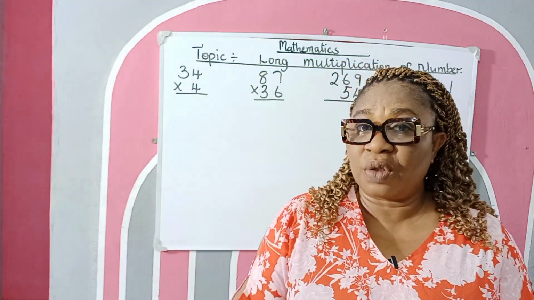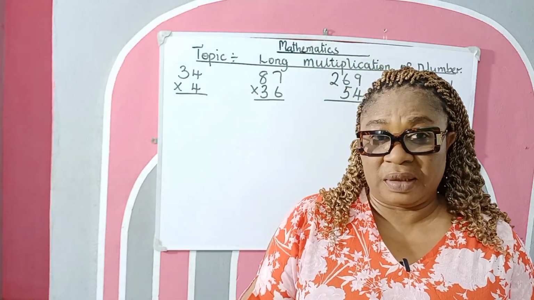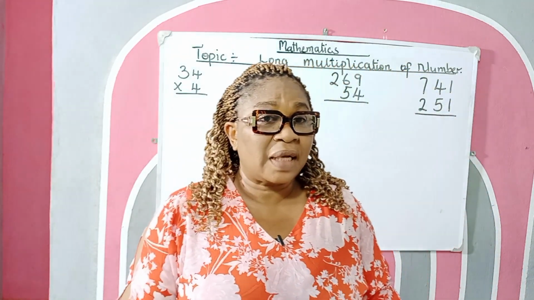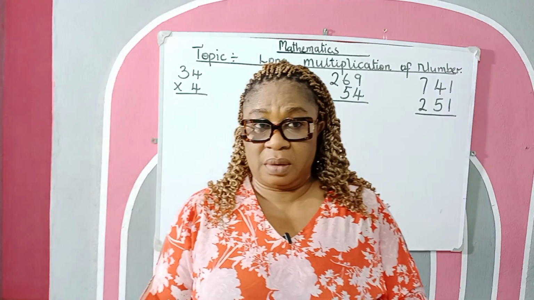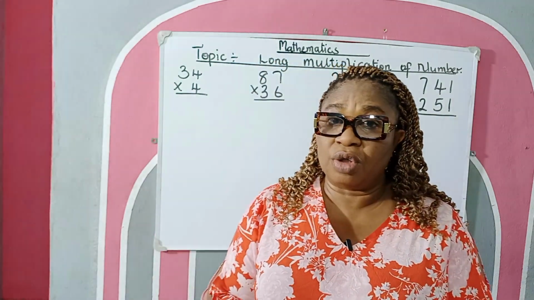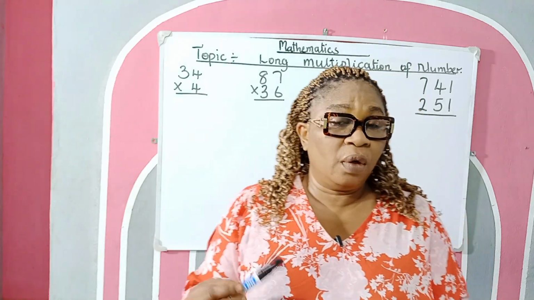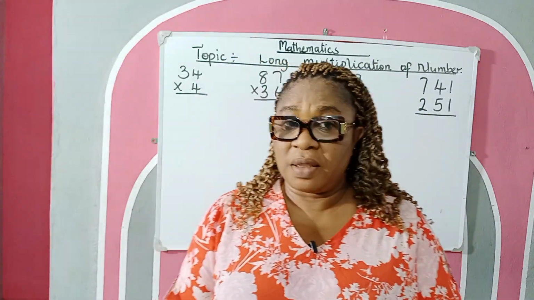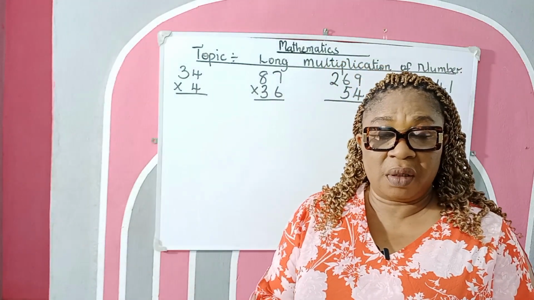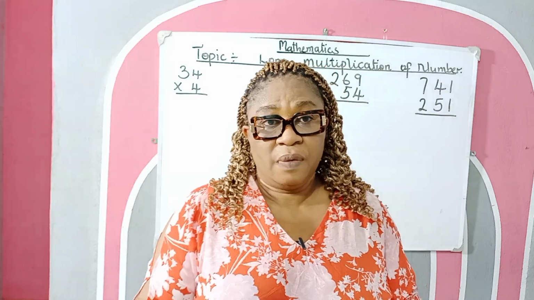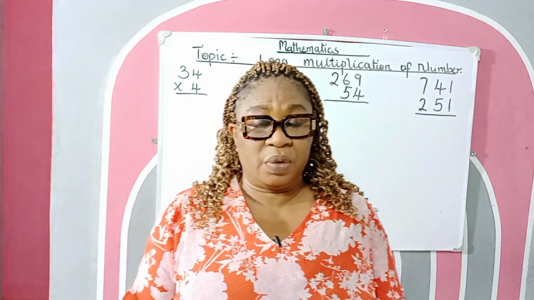This study is very good for grade 4 to 6, because if you get to grade 4, you will start learning long multiplication, because most of the sums you are going to come across from then on will involve long multiplication. So please, pay attention and listen attentively as I lead you through the long multiplication. You're going to find it very simple.